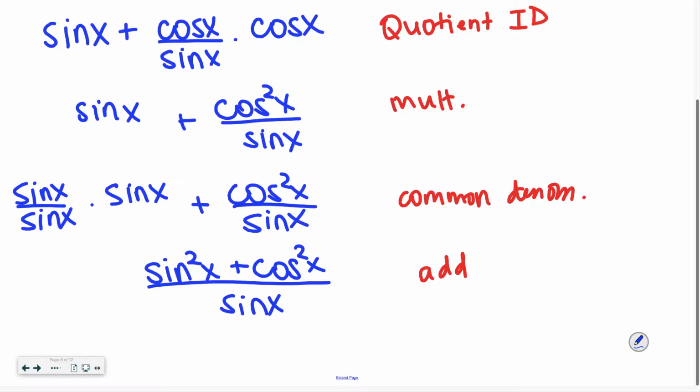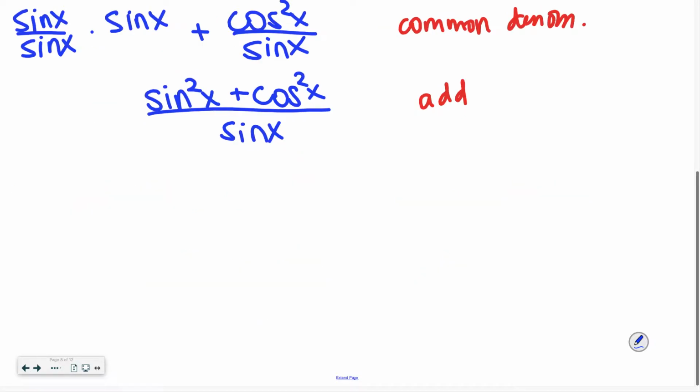I see pages flipping. Something's looking familiar there. Okay. What is sine squared plus cosine squared the same as? It is the same as 1. So we can use the Pythagorean identity to replace sine squared plus cosine squared with 1.